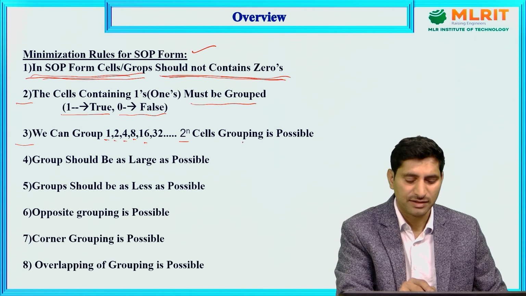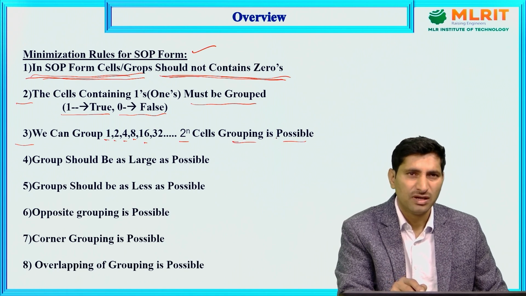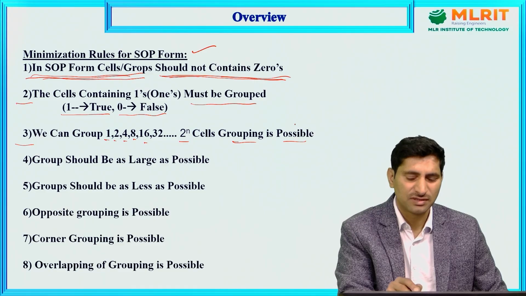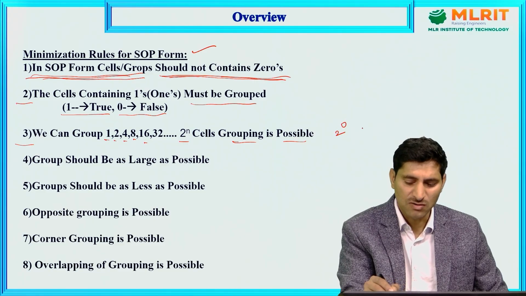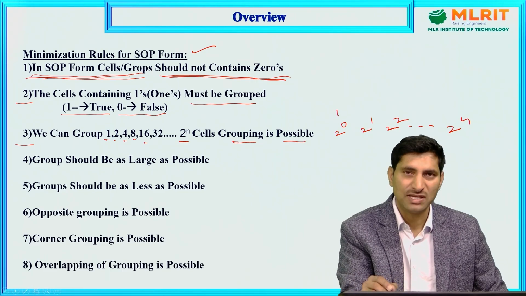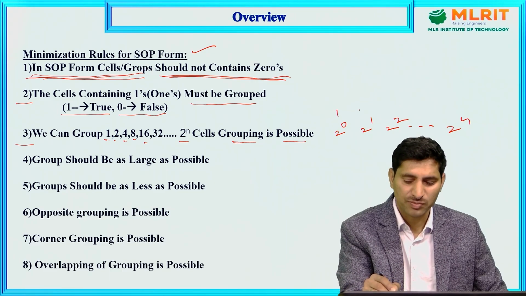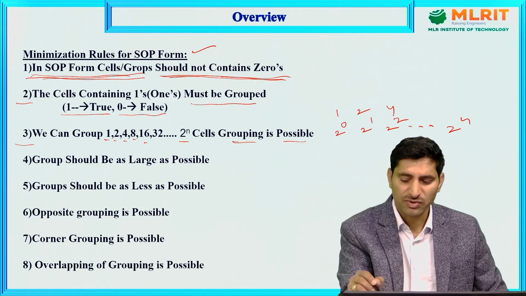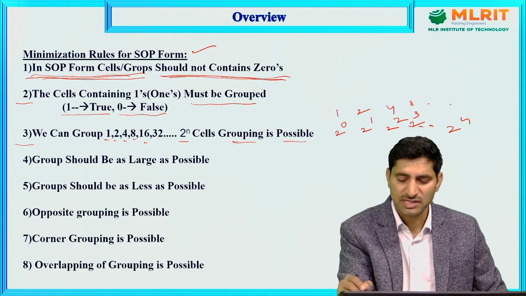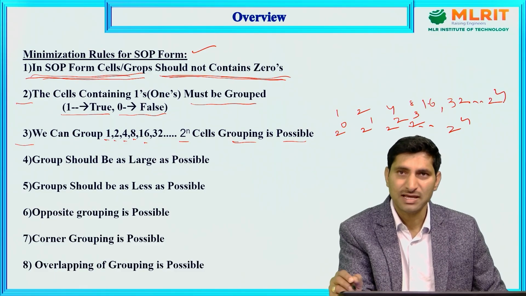So we can group in terms of powers of 2: 2 power 0, 2 power 1, 2 power 2 and so on, 2 power n.